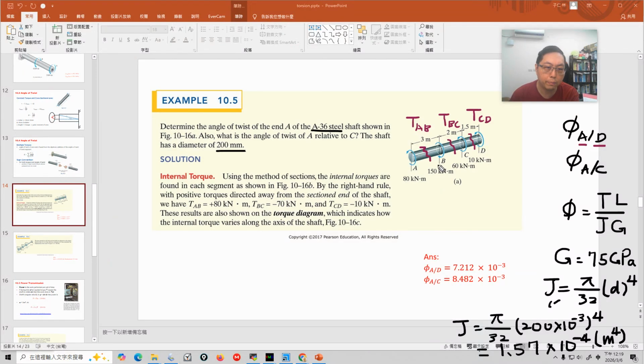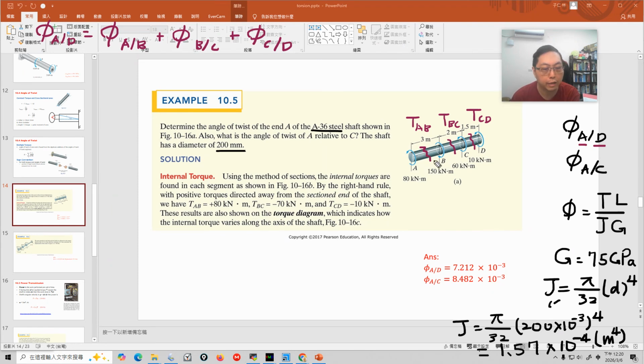The deformation in AB won't affect BC, the deformation of BC won't affect AB and CD, and the deformation on CD won't affect BC. So they are independent of each other, like a linear combination. Let's write it down: to calculate phi AD, we just take phi A relative to B plus phi B relative to C plus phi C relative to D.